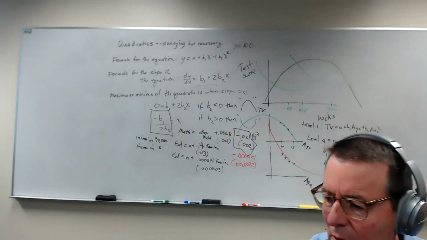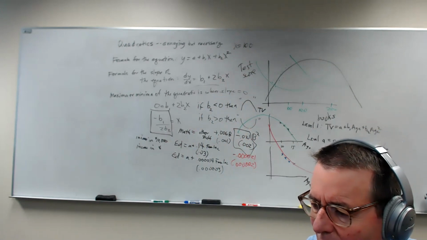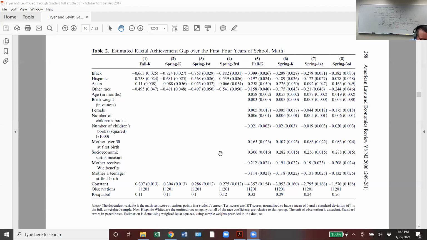But with Levitt and Fryer, what they do is have this, you know, I don't think everyone kind of picked up on what this actually meant. It's not very clear. They're presenting a number that is 1,000 times bigger than what it really was. So that's why they have this times 1,000.